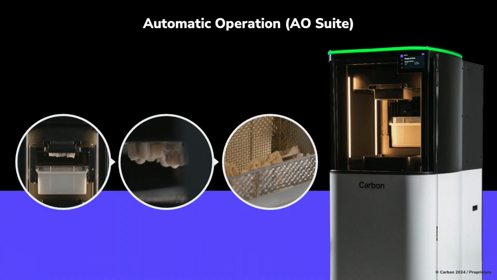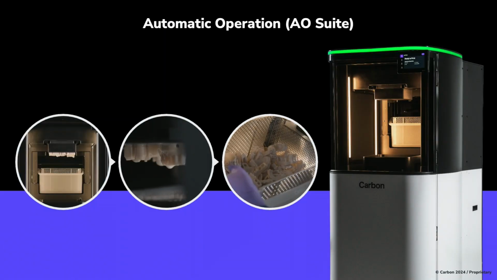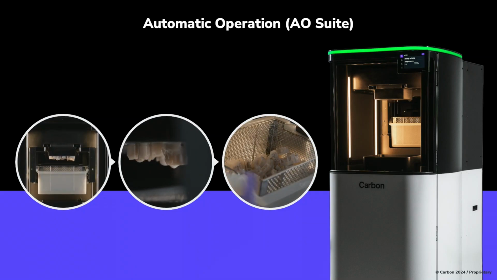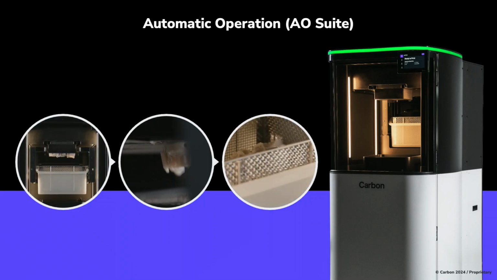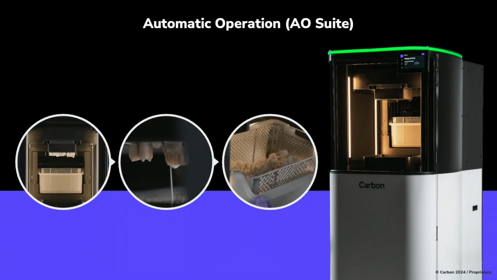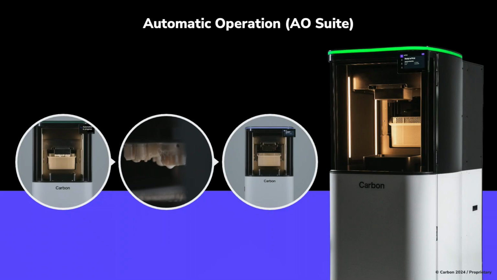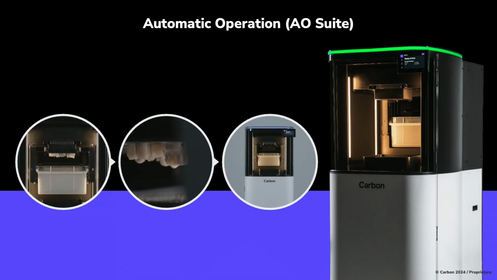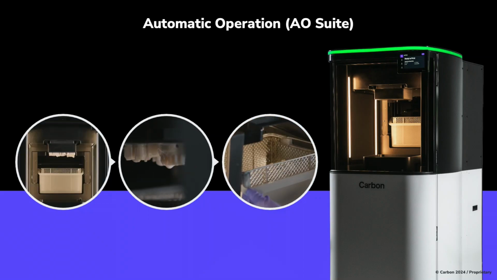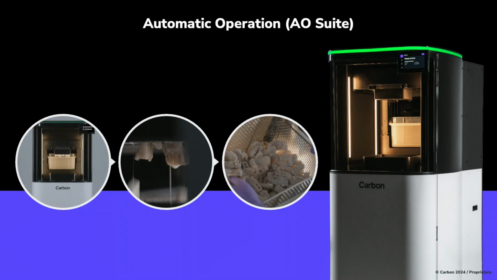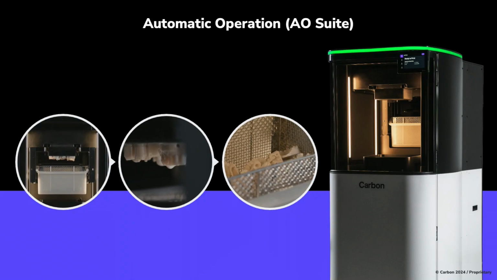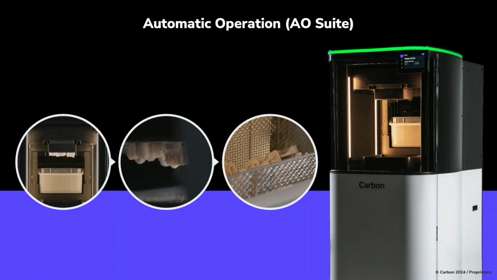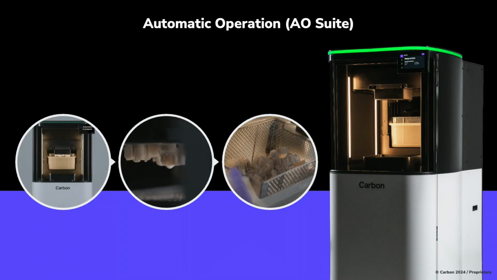So finally, to finish the mass scalability side of things, it's not just all about software. I know this is CDFAM, but it's not just all about software. It's all about hardware. With Carbon, we're also focusing on hardware automation. So specifically, still looking at the denture automation side of things, we've released our new automated printing set of tools called AO Suite, AO for automatic operation, which AO can also stand for always on, because as you guessed it, this printer is always on.